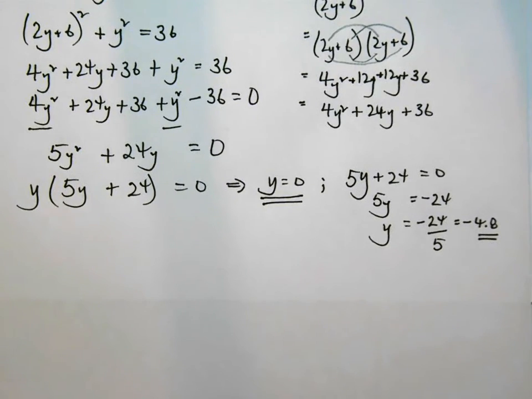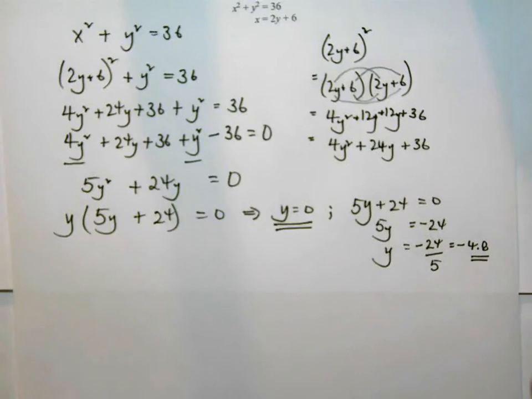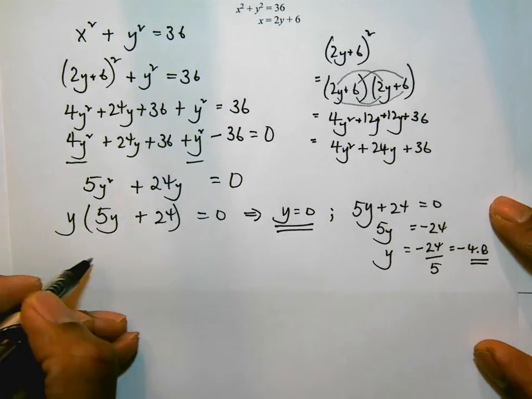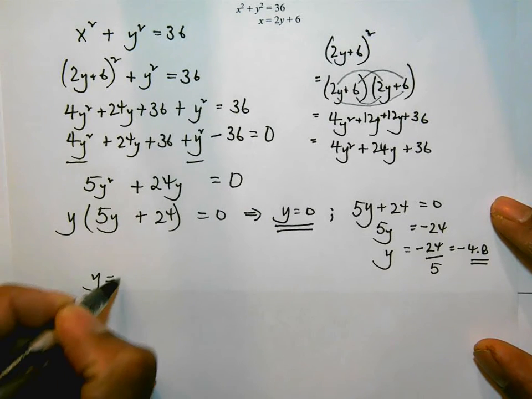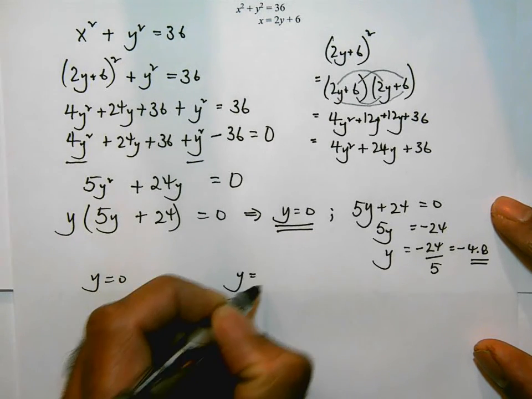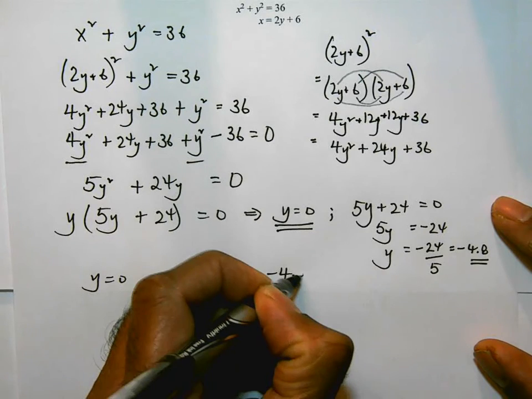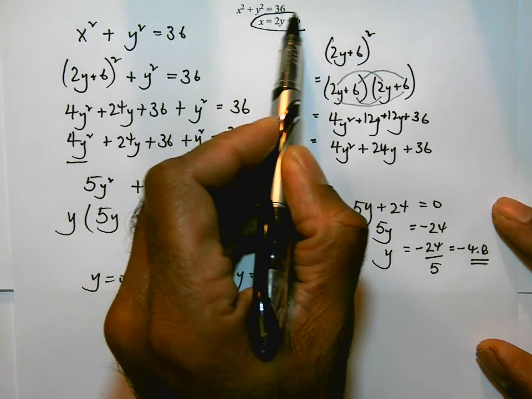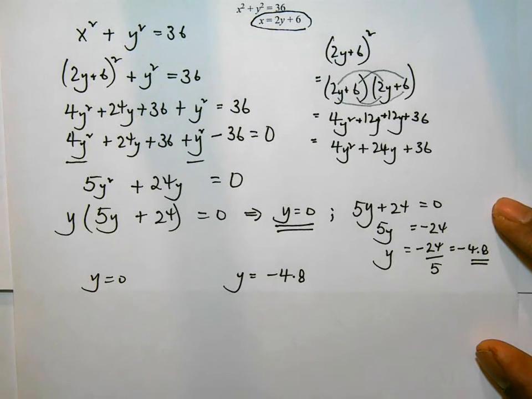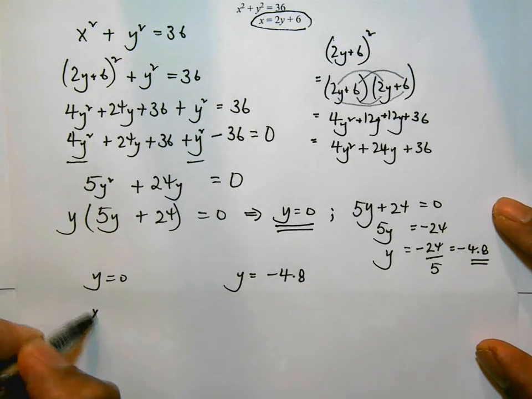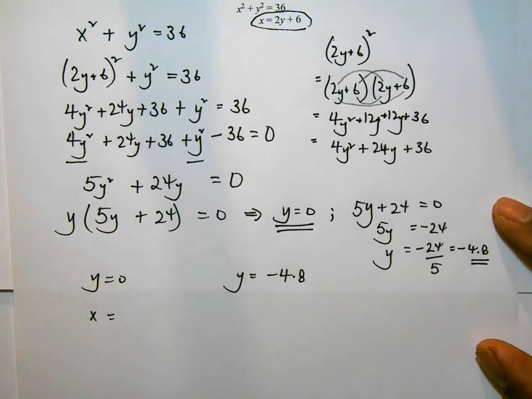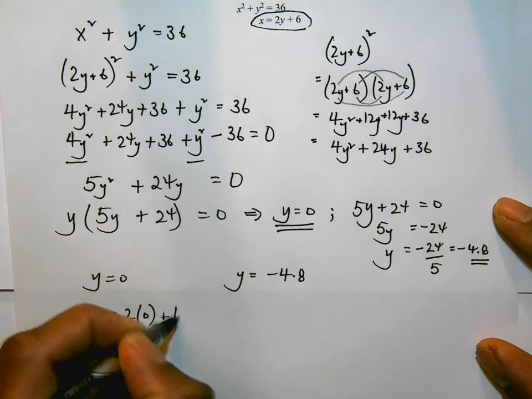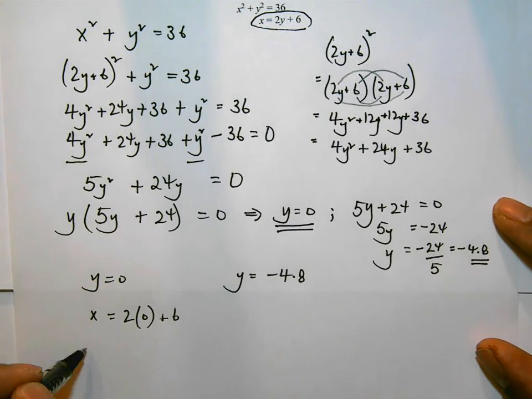What I have so far is that y is equal to 0, and I have y is equal to minus 4.8. From the equation at the very top, I know that x is 2y plus 6. So to work out x, I'm going to do 2 lots of y plus 6. 2 lots of 0 plus 6. 2 times 0 is 0 plus 6, so x is 6.